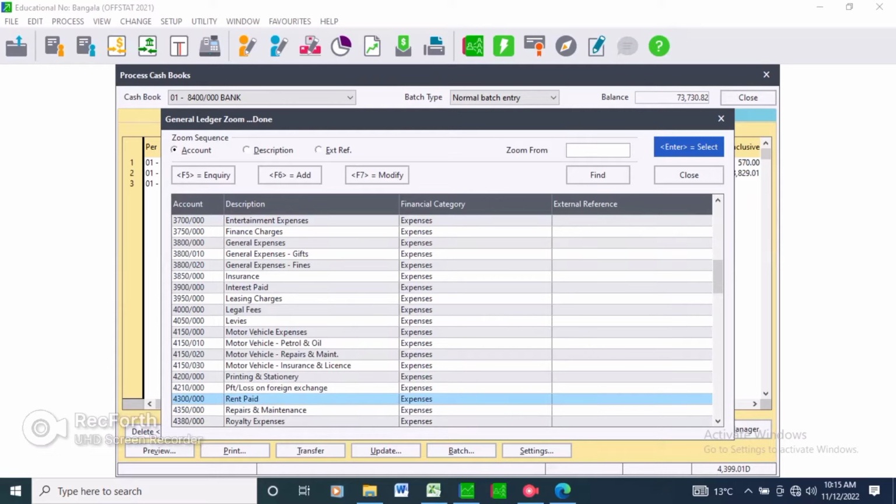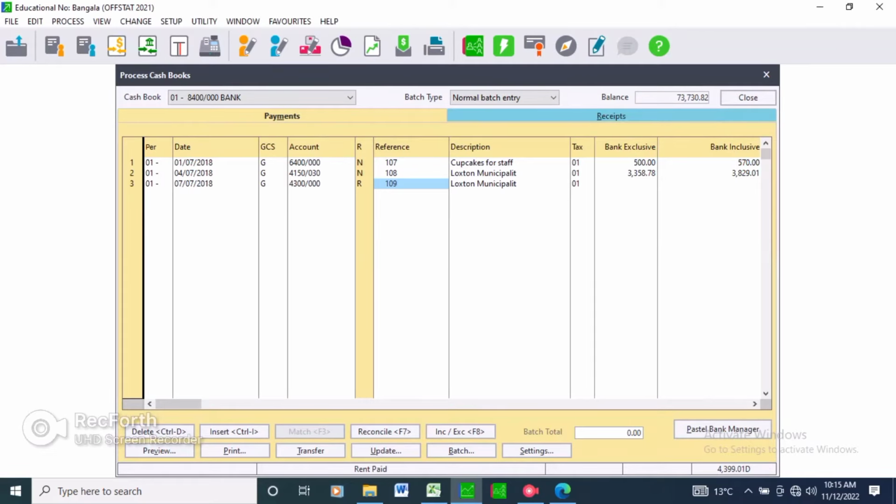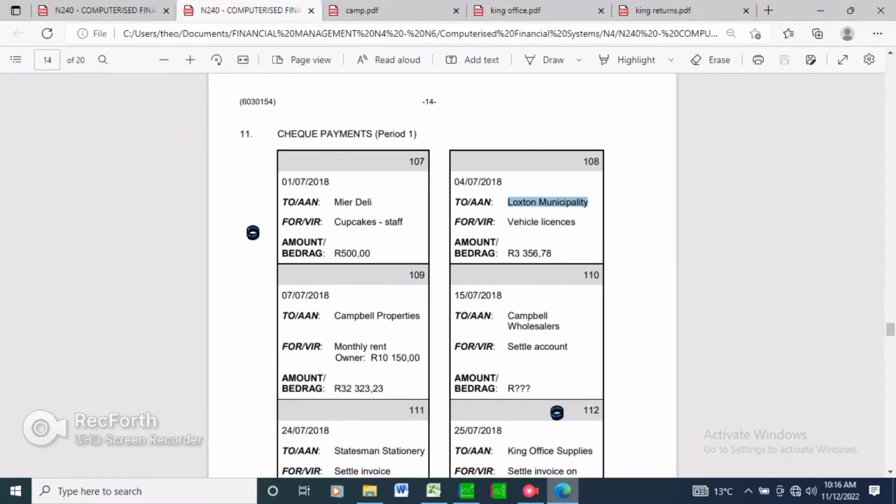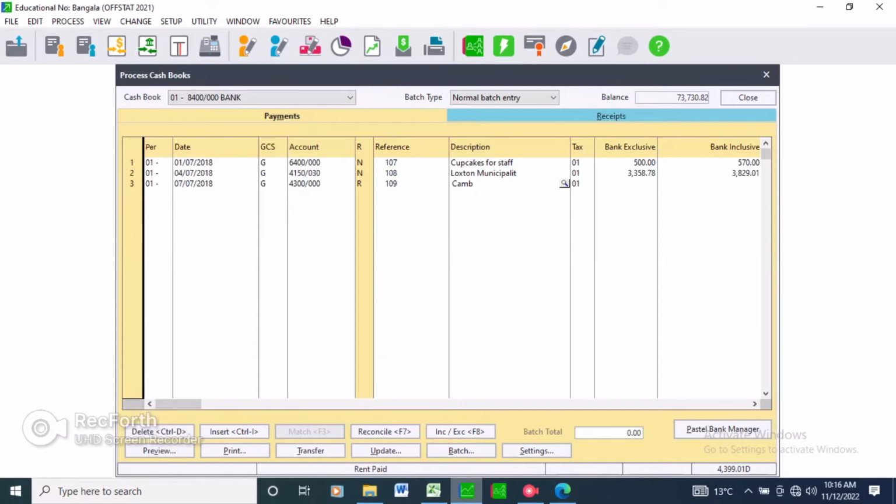Campbell. Proper. The amount is 32,323 and 23 cents, I think. Yes, sure. Then you press check.